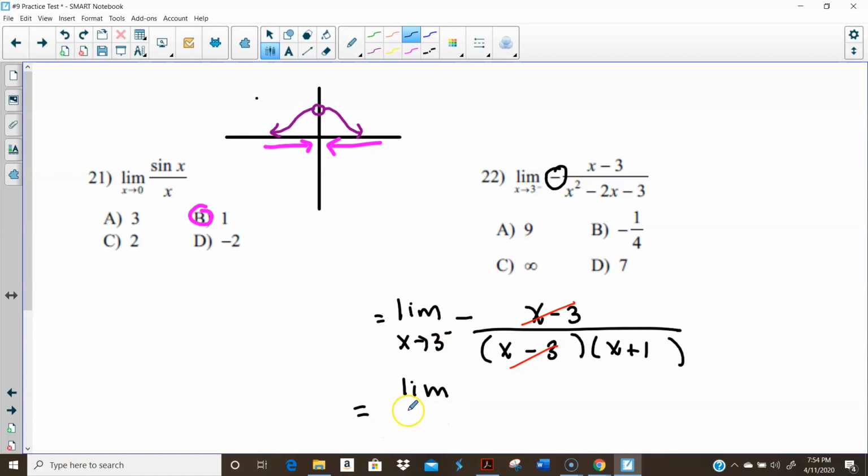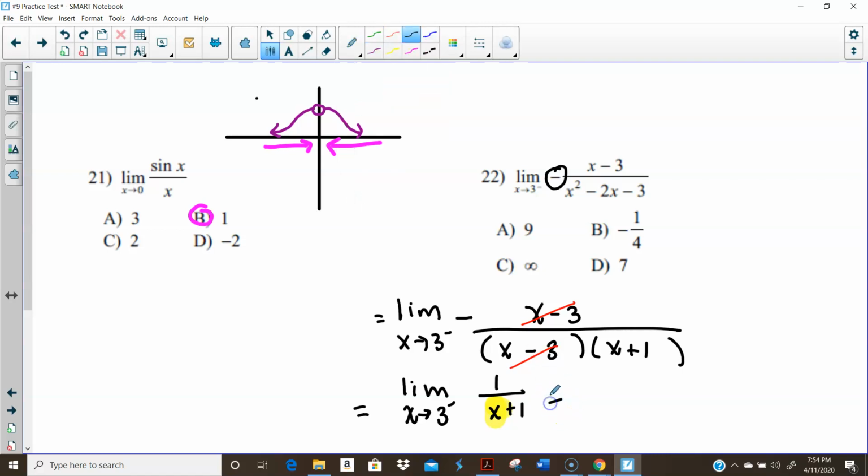So the limit as x approaches 3 from the left side of 1 over x plus 1. So let's go ahead and in place of x, you're going to substitute in a positive 3.